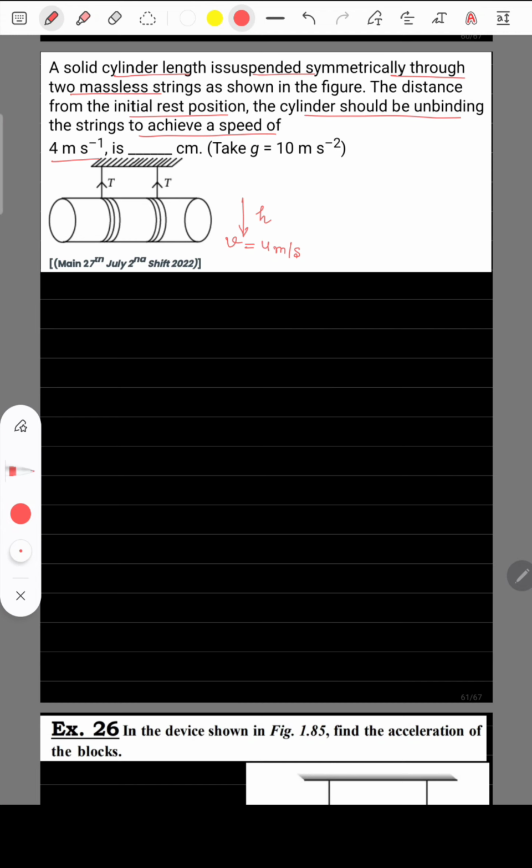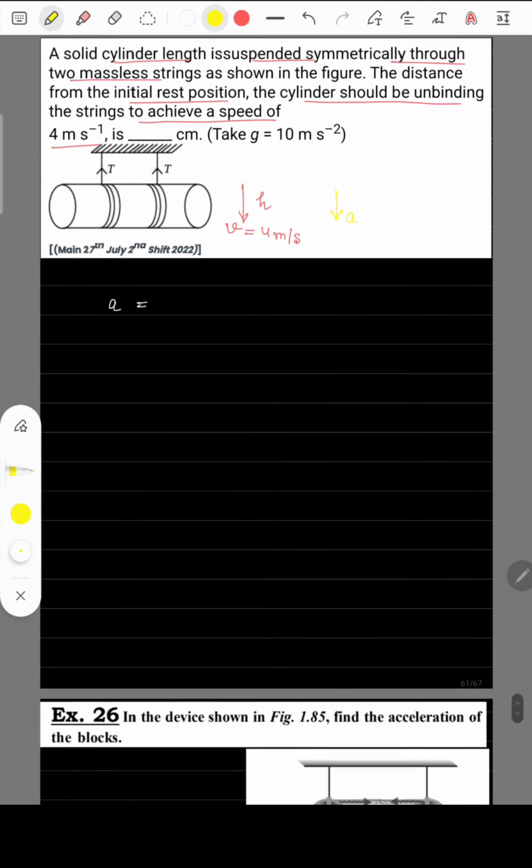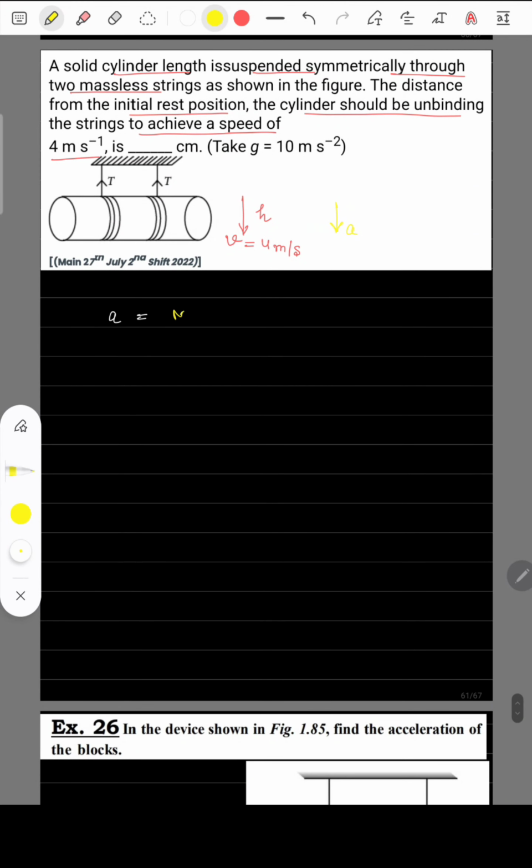So what we will do, we will use our short method to calculate the acceleration of the solid cylinder. The net unbalanced force will be the mass of the solid cylinder multiplied by the acceleration due to gravity, upon the translational mass, which is the mass of the solid cylinder, plus the rotational mass, which is I upon r square.